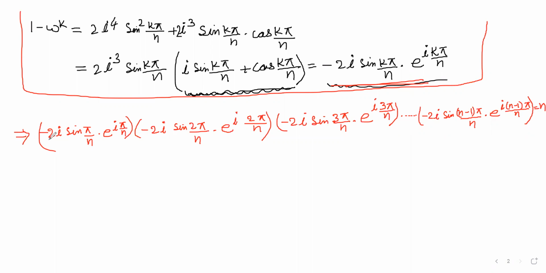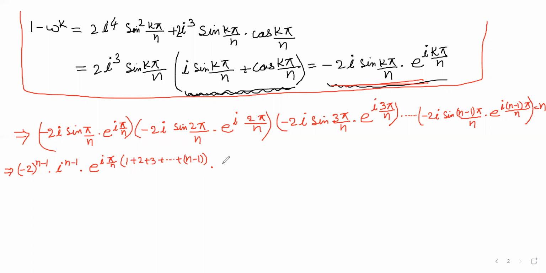Okay, so in the next step we can notice it is actually minus 2 to the power n minus 1 into iota to the power n minus 1 into e to the power iota pi by n, and then powers are going to be 1 plus 2 plus 3 plus dot dot dot plus n minus 1. That is the power of e.